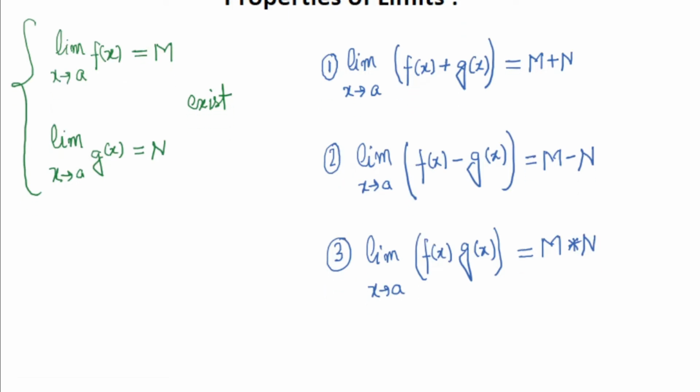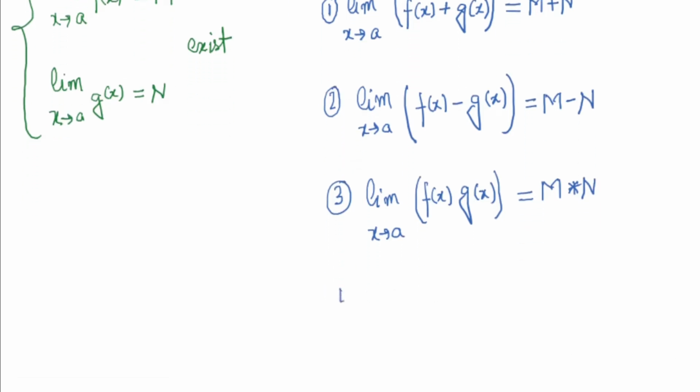The fourth property is the division property: the limit as x tends to a of f(x) divided by g(x) is going to be m upon n. This property will hold true.